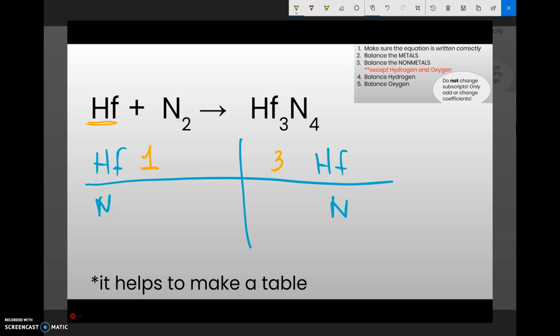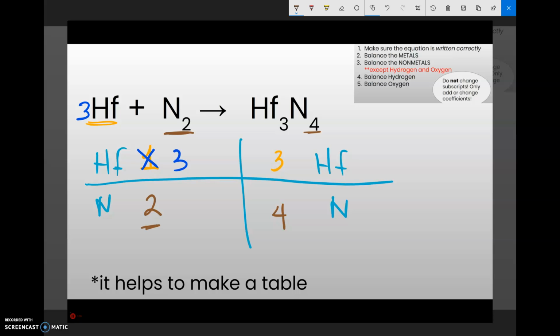Okay, so the only thing we can do is add coefficients. So I'm going to put 3 in front of HF on this side. Now that changes to 3 there. So that looks good. And then I'm going to balance this next one. Right here we have N2, so we've got 2 atoms of nitrogen on the reactant side. On the product side we have 4.